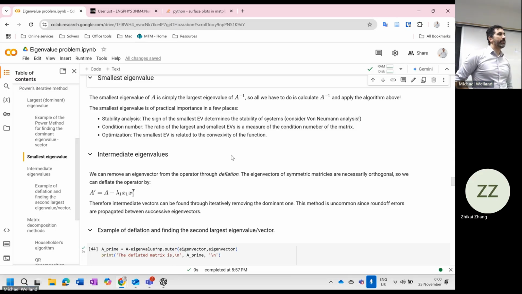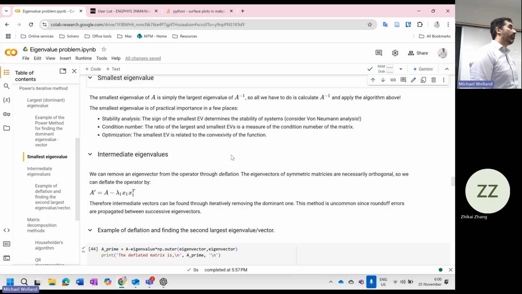Got a question? Okay. A little bit abstractly, eigenvectors form your kind of ideal basis for these transformations. If you wanted to find your intermediate eigenvalues using Power's method, you can use a technique called deflation.